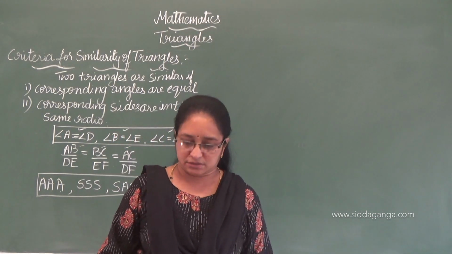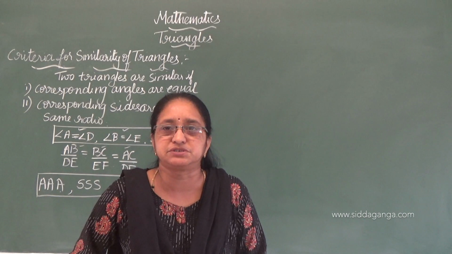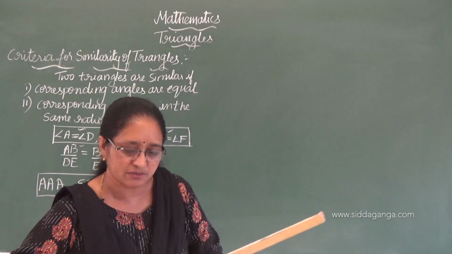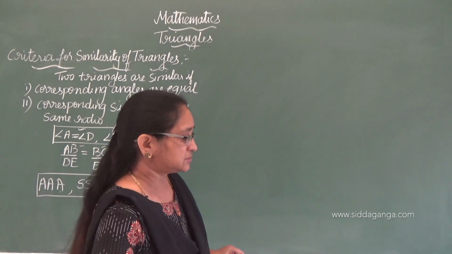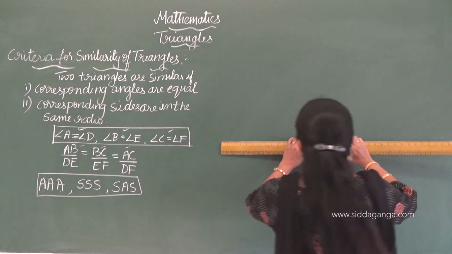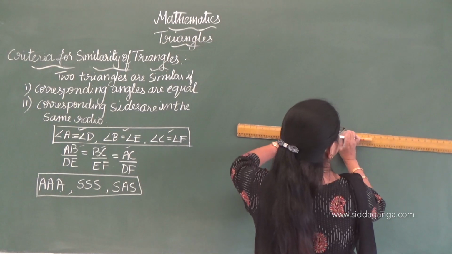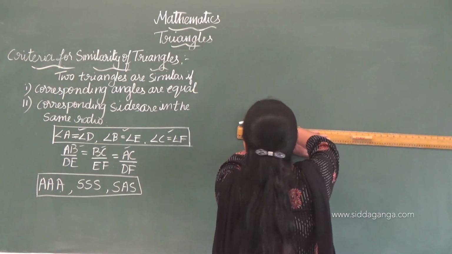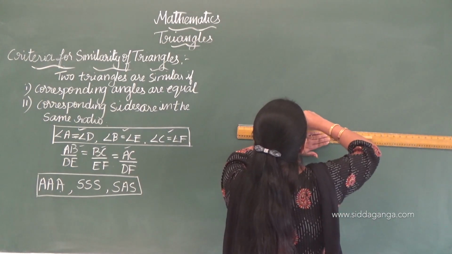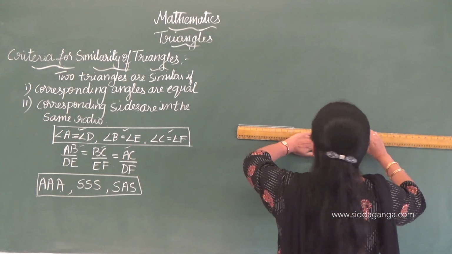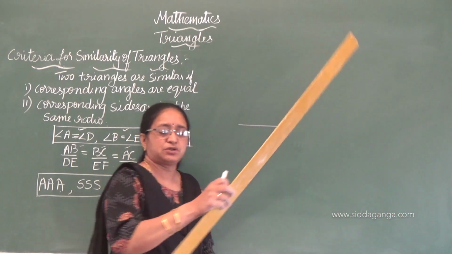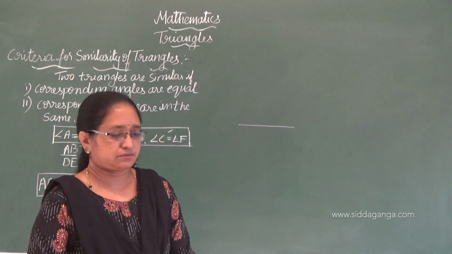This can be proved with the activity. So for that I will construct two triangles. The first triangle I will take 3 centimeter. In your book you can take 3 centimeter, but I will take 9 centimeter because you all know we can't draw such a small figure on the board.